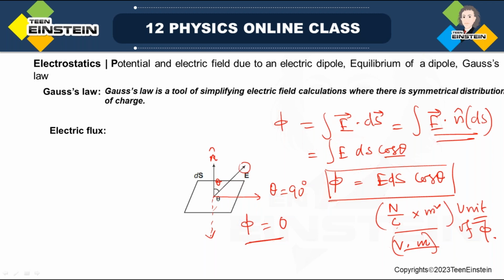If the electric field is taken in this direction, in such a case theta will be 0, so flux will be maximum, E into dS. This is maximum flux.